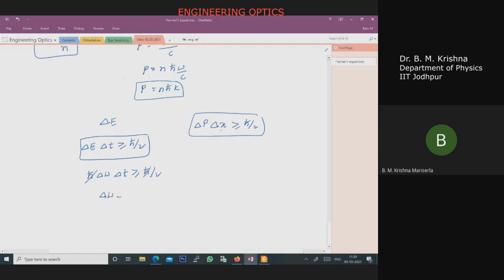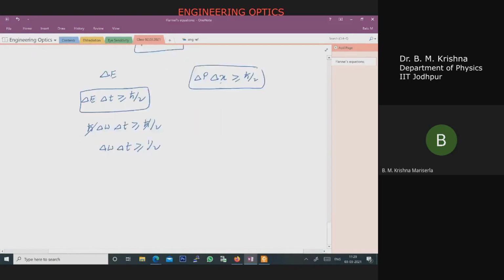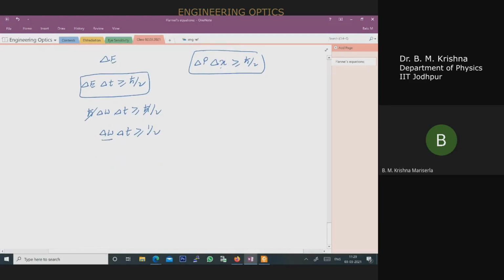Delta omega delta T is greater than or equal to 1 by 2. Your delta omega represents a bandwidth, a frequency band. Your delta T is in the time domain; it represents the time period. In terms of lasers, you can talk about it as the pulse width.